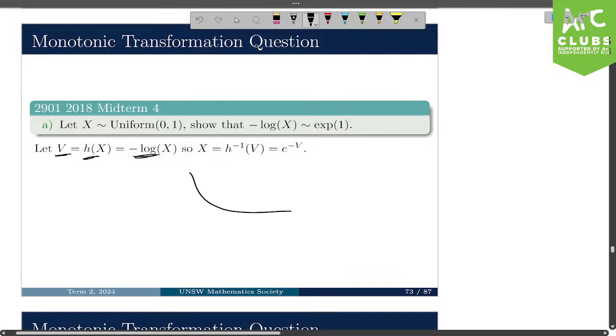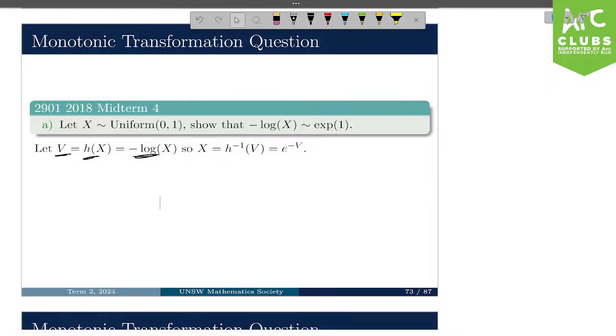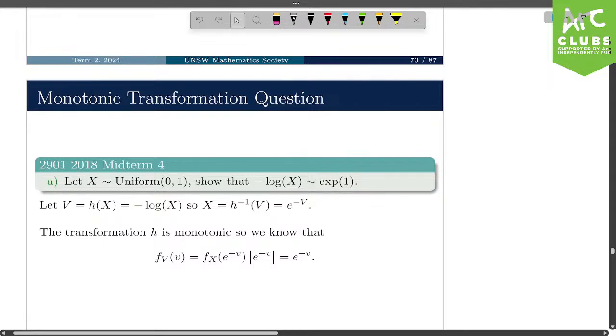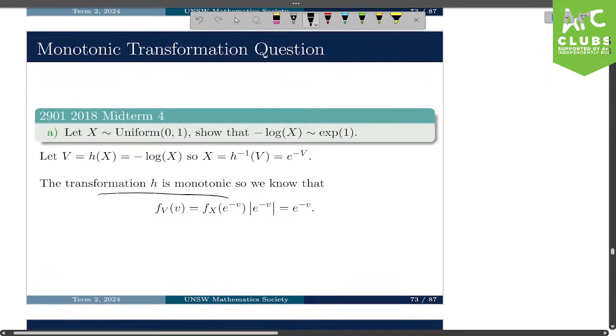Goes like this, with the x-axis here. Anyways, we keep on moving. We define x as the h inverse of v, which is the same as e to the minus v. So we push forwards. And since it is monotonic, we immediately have the formula just provided.